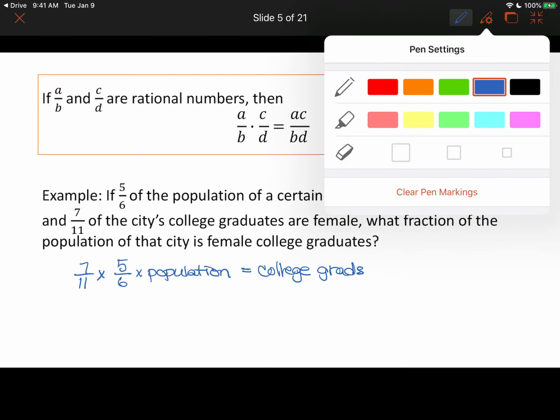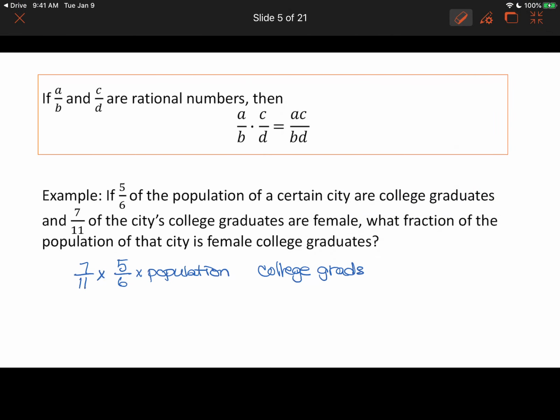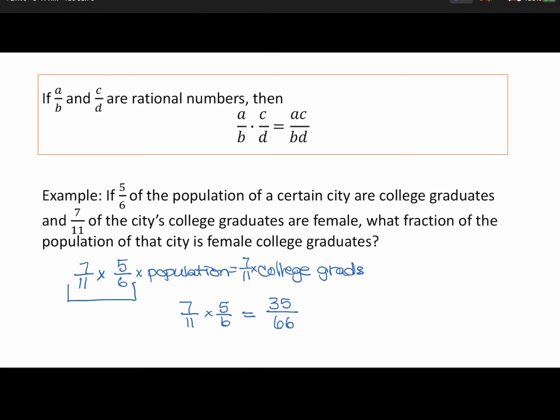Let me make some space so I can do it on both sides. 7/11. All right, so what fraction of the population? It's 7/11 times 5/6, which is 35 over 66. We multiplied 7 times 5 on top and 6 times 11 on the bottom.